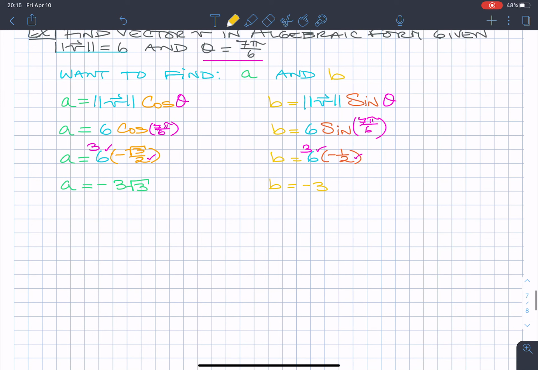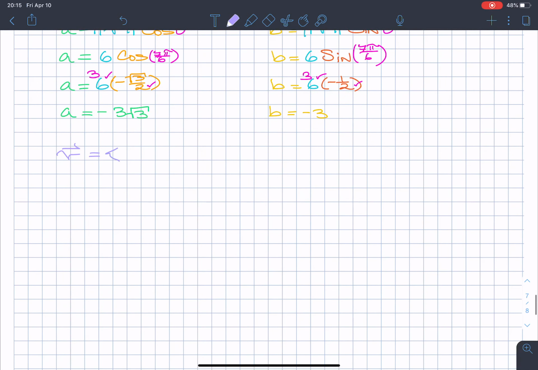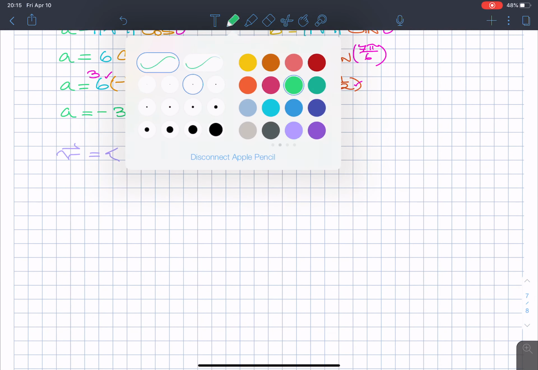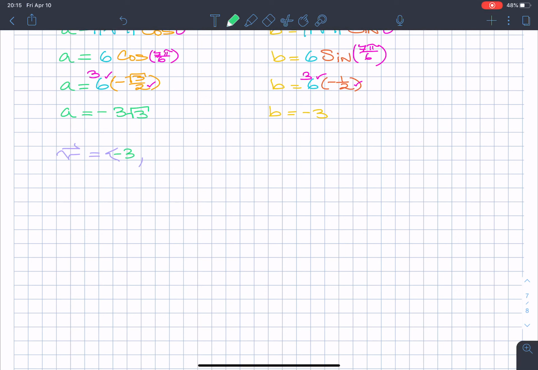So therefore, vector v in component form would be negative 3 root 3, comma, negative 3.